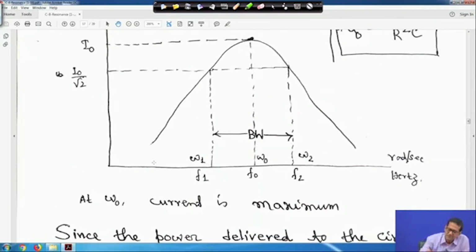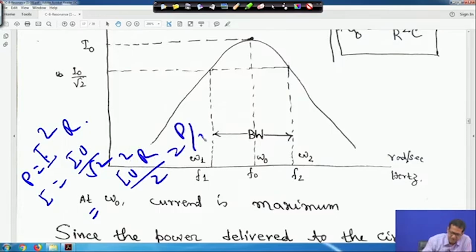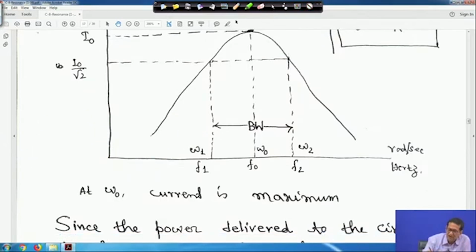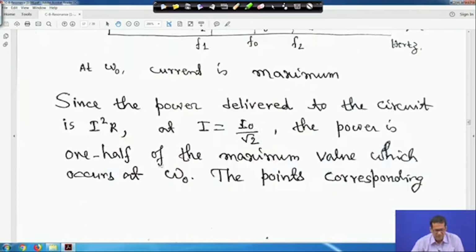Since the power delivered to the circuit is I square R, suppose at I is equal to I 0 by root 2, the power is 1/2 of the maximum value which occurs at omega 0.